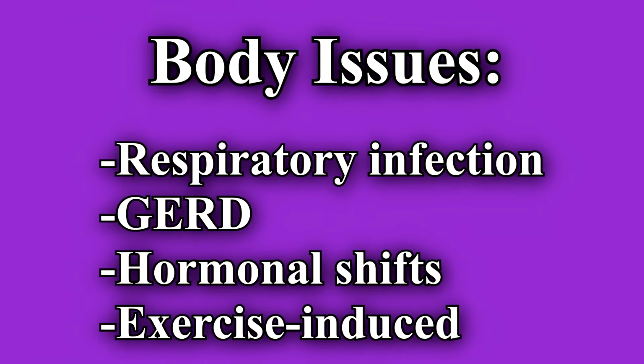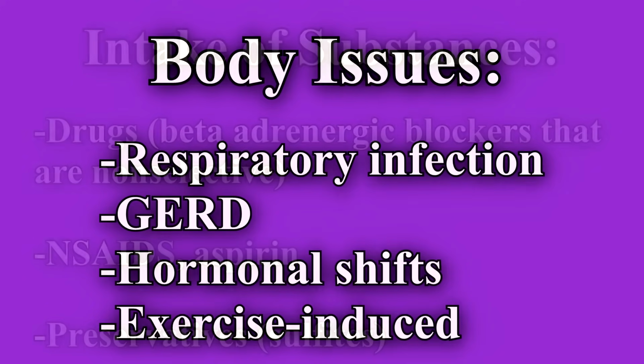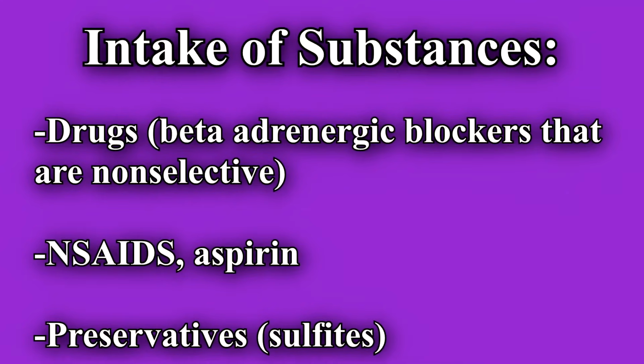Another thing would be body issues, like the patient has a respiratory infection. This can trigger an asthma attack. GERD, hormonal shifts, especially in women, and it can be caused by exercise, so exercise-induced asthma. Another thing is the intake of certain substances like drugs.